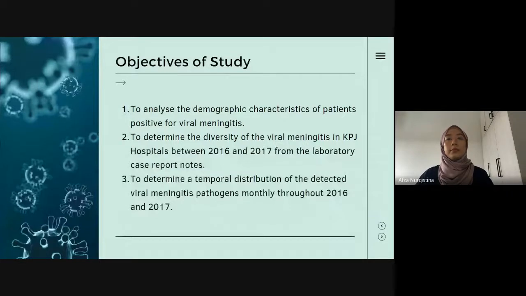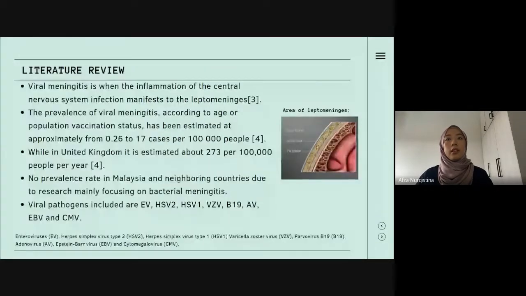Next is the literature review of my thesis. So viral meningitis is when the inflammation of the central nervous system infection manifests in the leptomeninges.